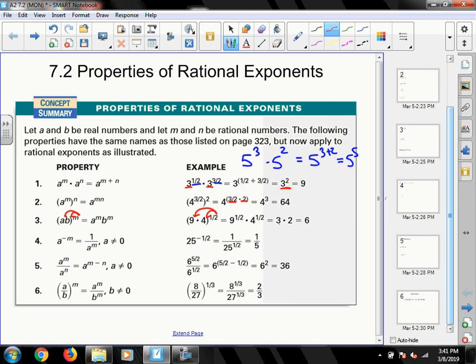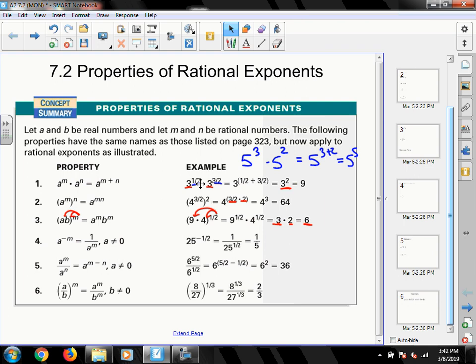Square root of 9 is 3, and square root of 4 is 2. Remember, 1/2 means take the square root. 3 times 2 ends up with 6. And yes, it is a coincidence that 9 times 4 is 36, and if you take the square root of that, you get 6. It may not always turn out that nice and easy for you.